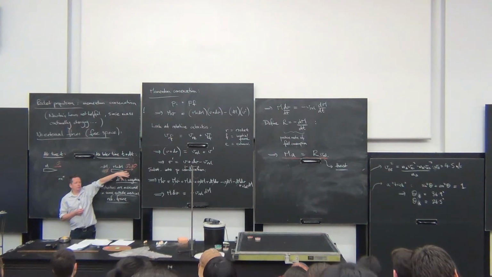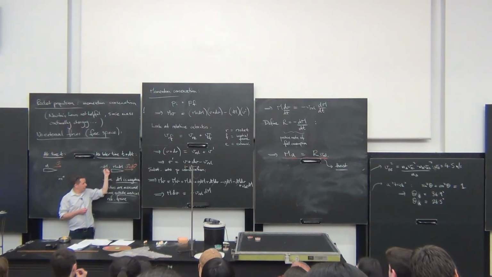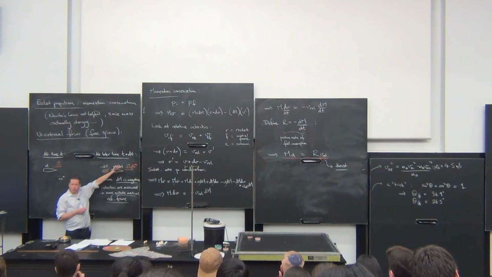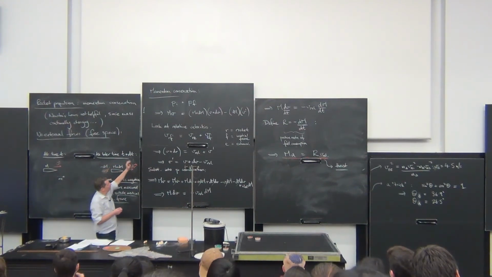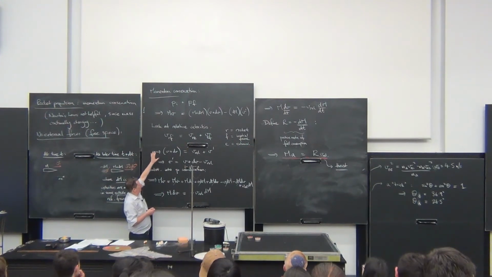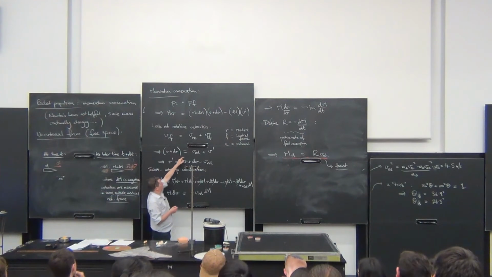Okay? So all of that looks pretty straightforward. Modulo the strange notation, why did I write v prime, v plus dv, and modulo the fact that we chose dm to be negative. But you should be pretty comfortable with this. There's momentum conservation.